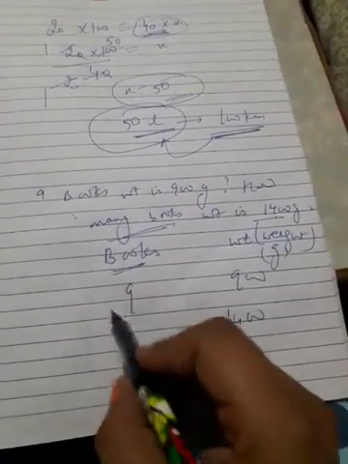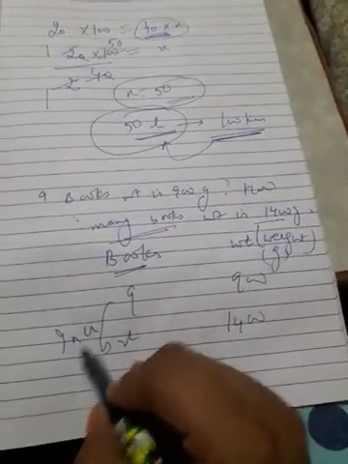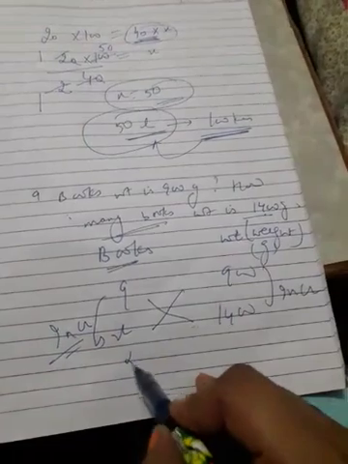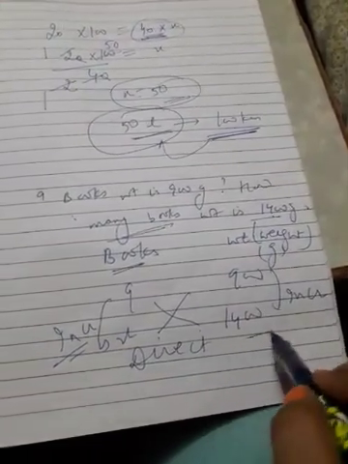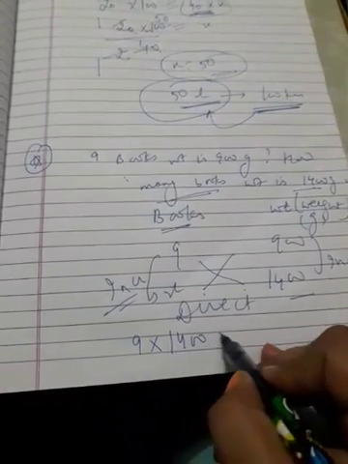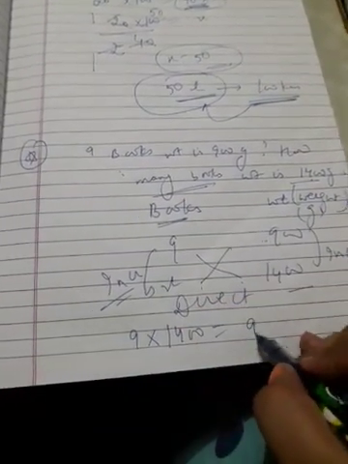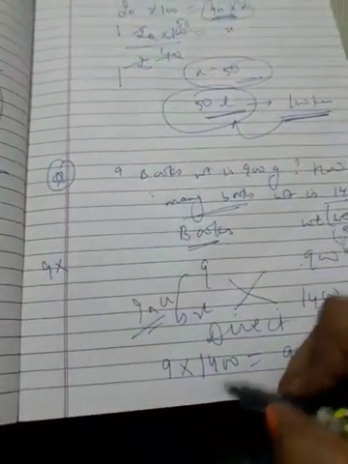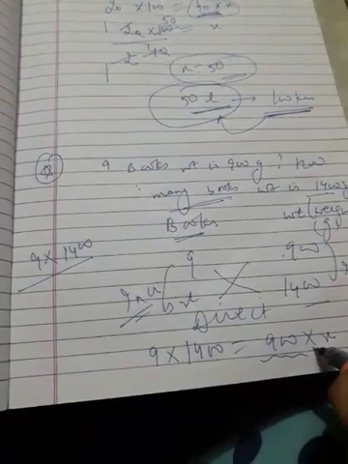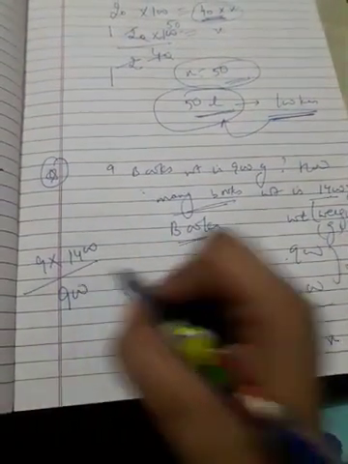How to solve? This side increased, so this side also increases. This is direct variation. And how to solve direct variation? By cross multiply. 9 multiplied by 1400 equals 900 multiplied by x. 900 is in multiplication, on the other side it will come in division form.